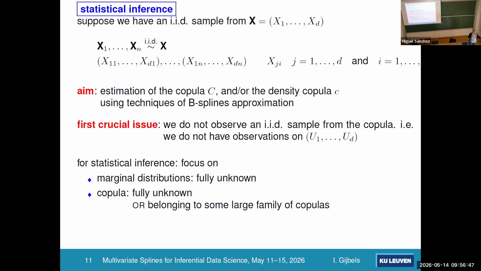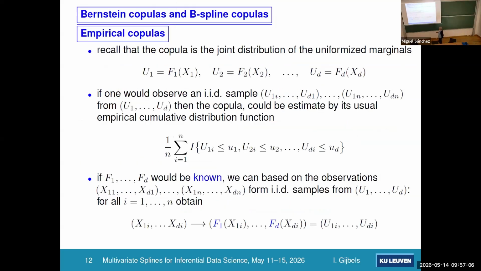I will go a little bit not to parametric copulas, but with something which is in between, namely large classes of copulas where there is still some unknown function that I would like to estimate, right? Okay, so let's start with the situation that you don't know the copula, not at all.